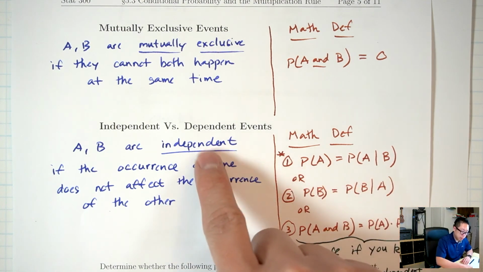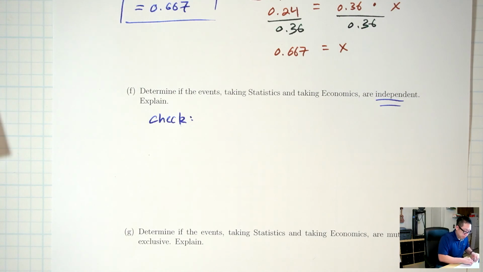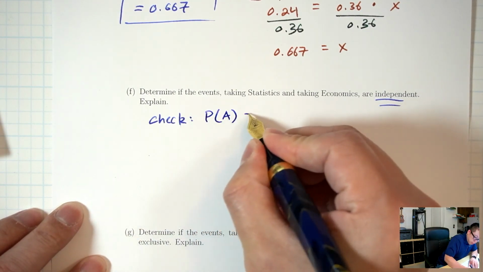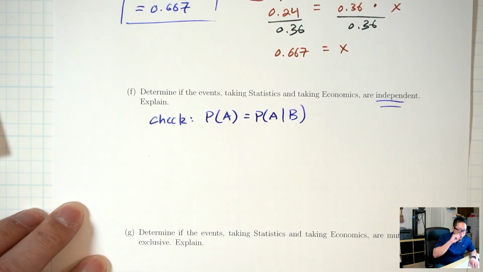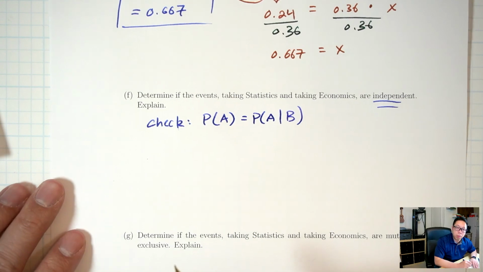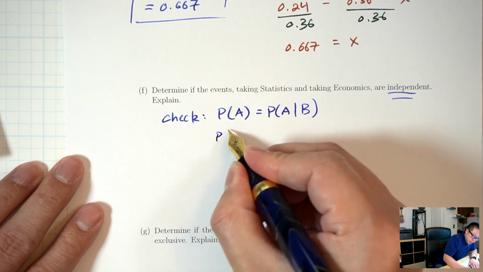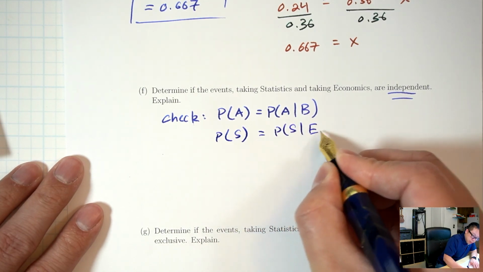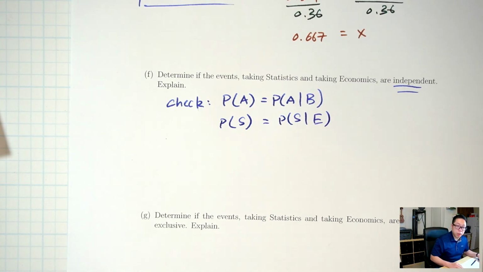We're checking independent, so we're checking probability of A equals probability of A given B. And then let's rewrite this using the letters in this problem. So we're talking about S's and E's. So this is probability of S equals probability of S given E.